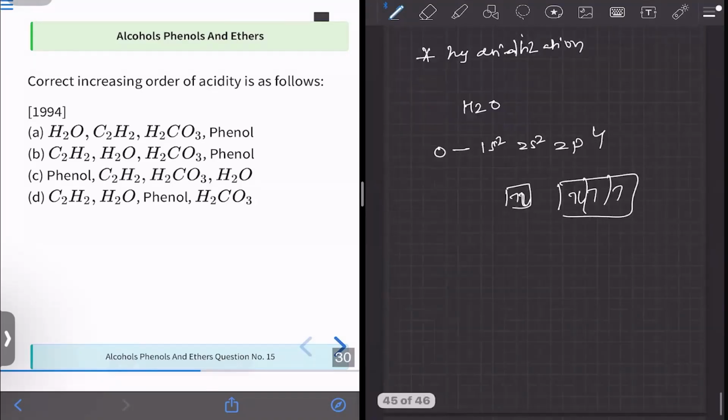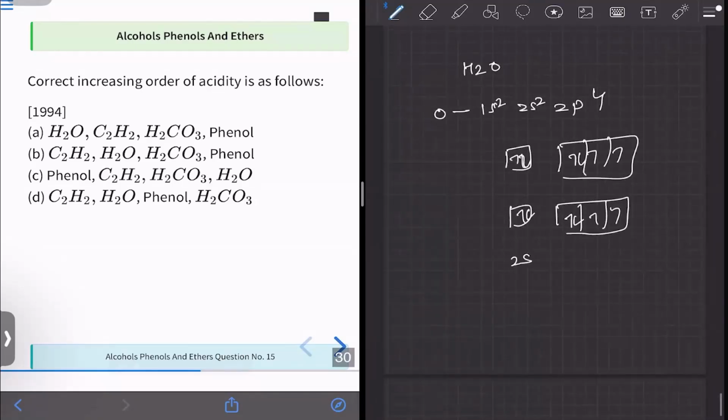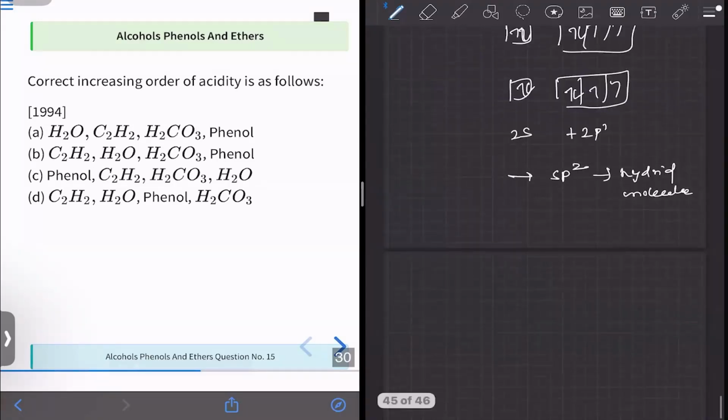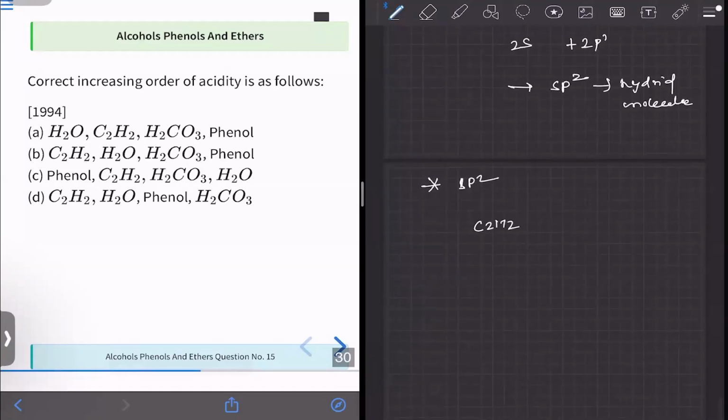So the 2s orbital reacts with 2p orbitals and produces sp2 hybridization. So the hybridization of H2O is sp2, whereas in C2H2, carbon has atomic number 6, 1s2, 2s2, 2p2.